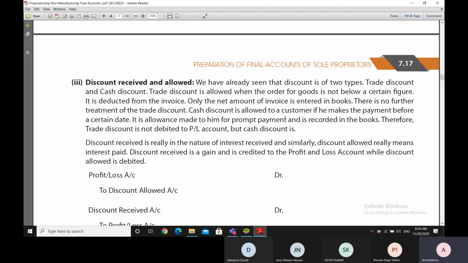Now, on the other hand, discount received is like interest received, and discount allowed is really like interest paid.